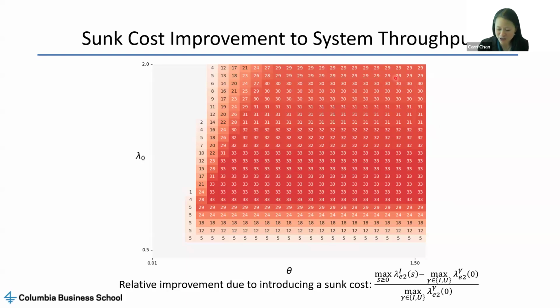So if you can't see the actual numbers, it's up to a 35% increase in throughput by appropriately tuning the sunk cost. So that hopefully convinces you that it's really important to actually design your system with the sunk cost in mind.